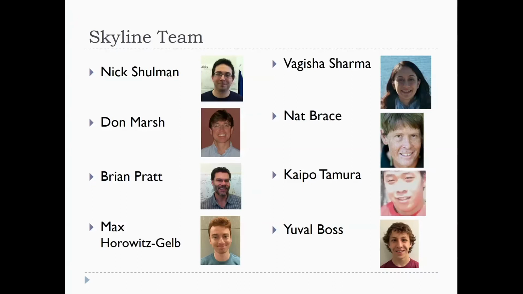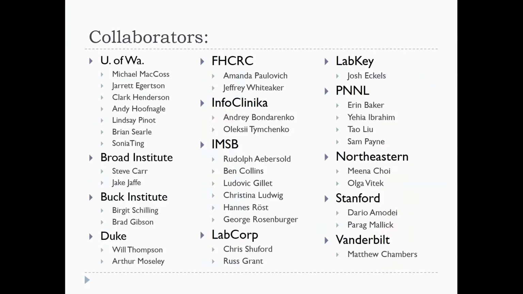Nat Brace is our guy in charge of the webinars and the translation and everything. Kaipo does all the library building, so when you see that Skyline handles 20 different library formats, that's all Kaipo. And Yuval is our junior developer who's done a lot of external tools and things.